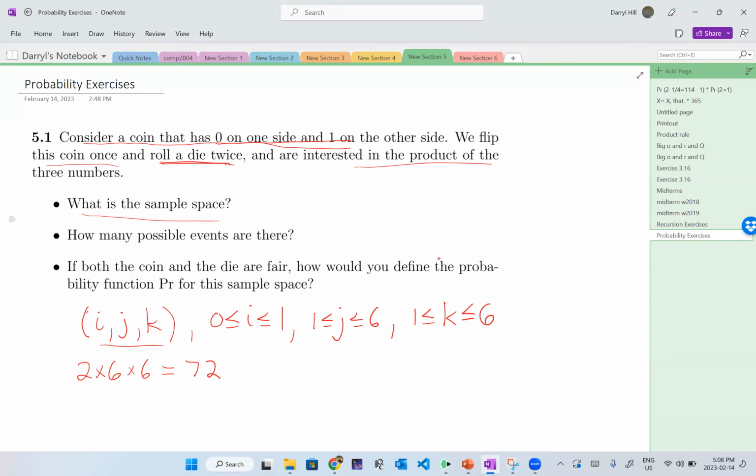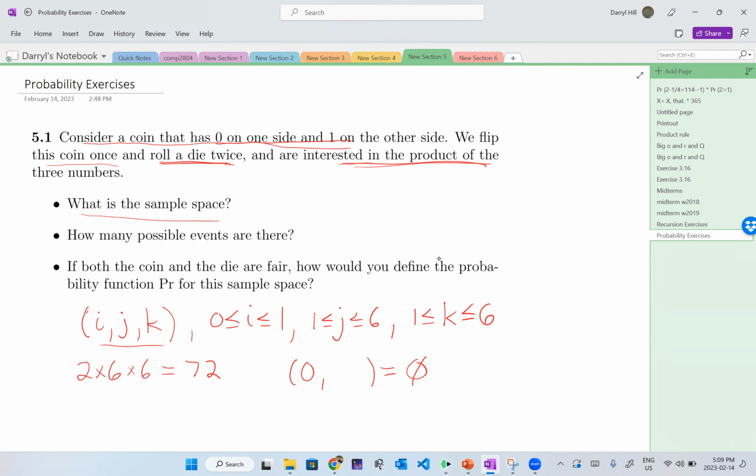Each of these, it asks for the product of the 3 numbers. So this would be sort of my starting point. What they want is the product. So I would now define each event as being possible products. For instance, if I have 0, 1, 1, that's going to be equal to 0. Anytime I flip my coin and I get a 0, the outcome is going to be 0.